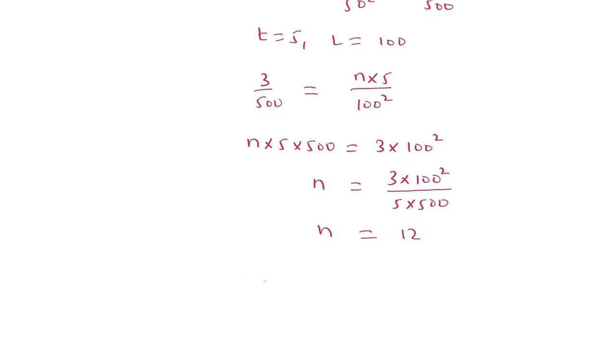Okay, so now to find the additional men required, we are going to take this 12 men minus 5 men, of which after solving the values we are going to get 7 men, and this is going to be the answer.